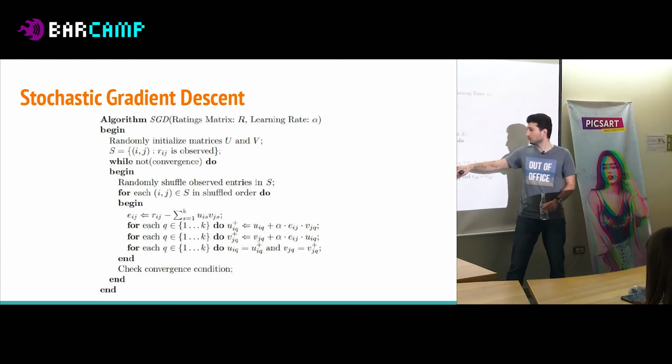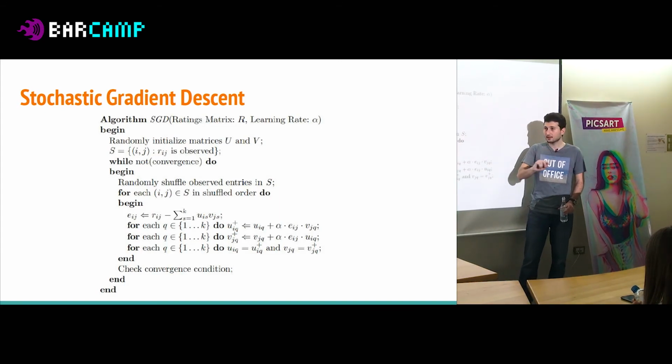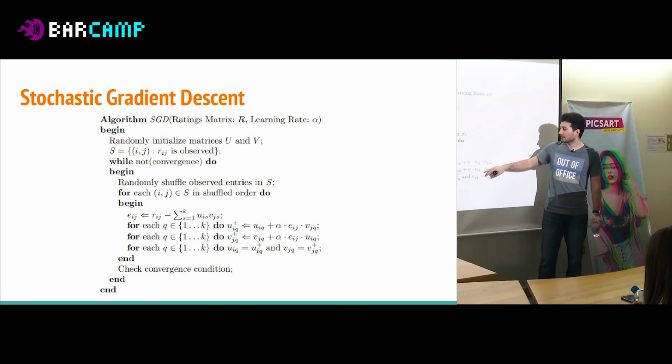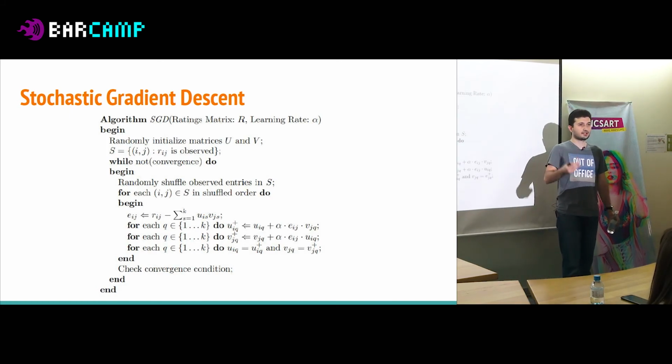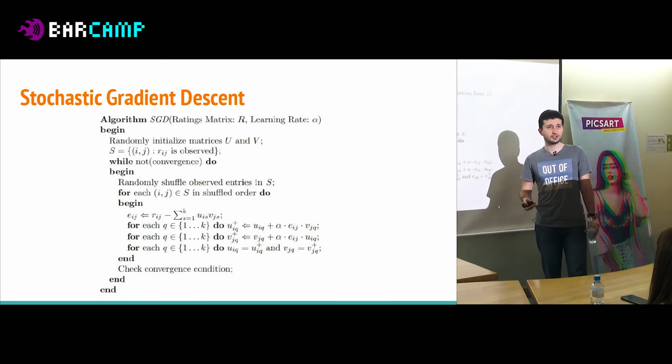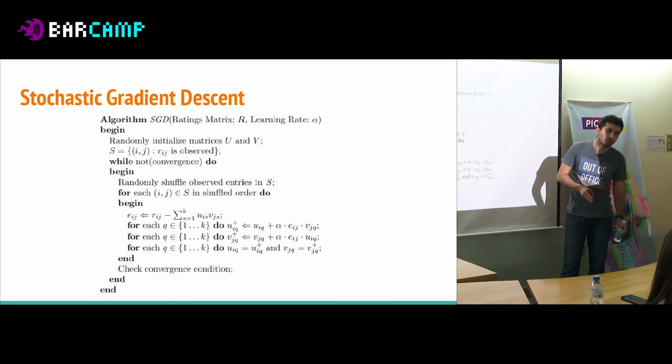Then we do the update for all elements of the latent factors for user i and item j, and this is it. After that, we make an actual update. This makes it way faster. So this algorithm is going to converge faster, but obviously gradient descent is going to go smoother.